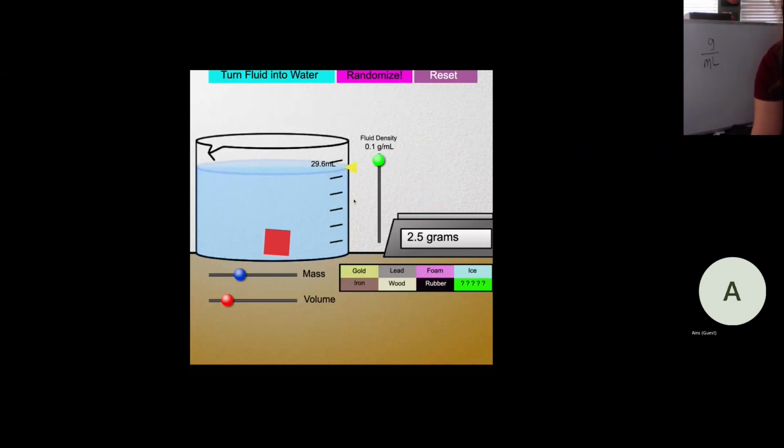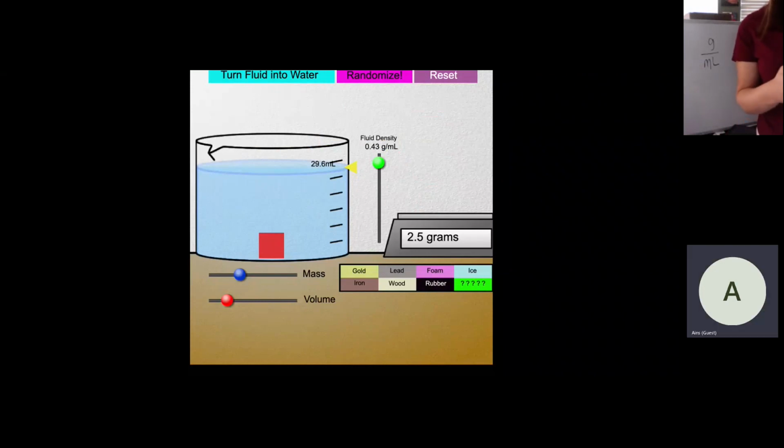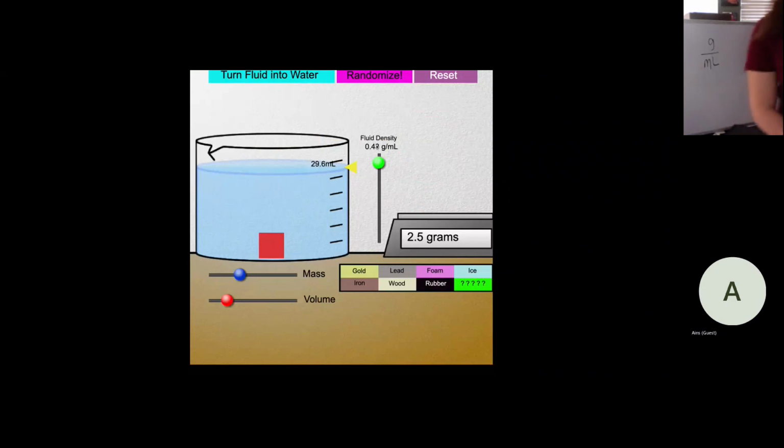If I put this over here, it's now 29.6 milliliters. Before, it was 25.5. Now it's 29.6, so the difference is 4.1.